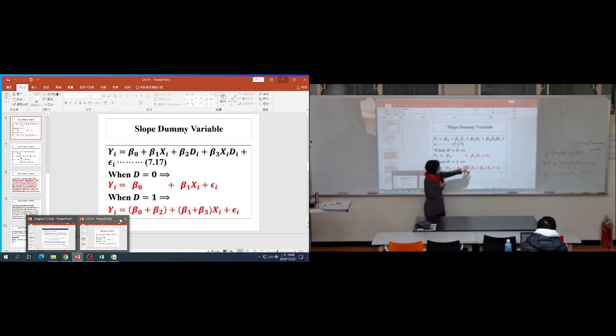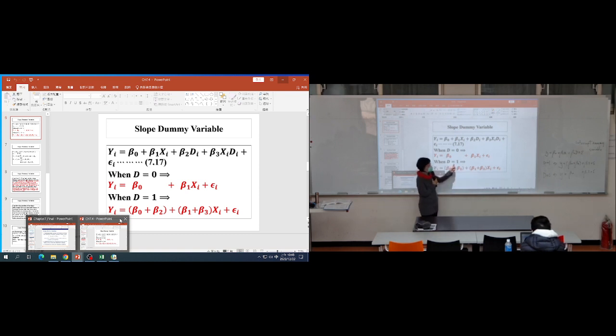Let's look at, since we're more interested in slope dummy, okay? So the beta 3 here is positive. What does that mean? This D equal to 1, during the recession period, D equal to 0 is before the recession periods.